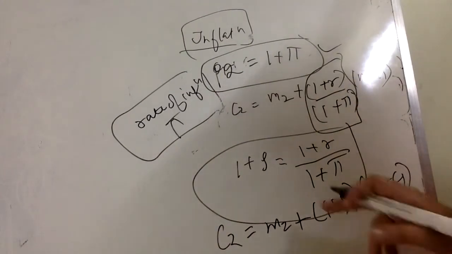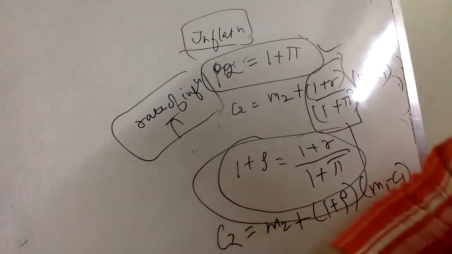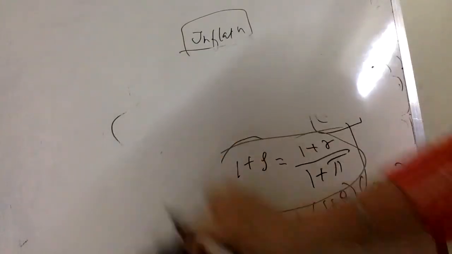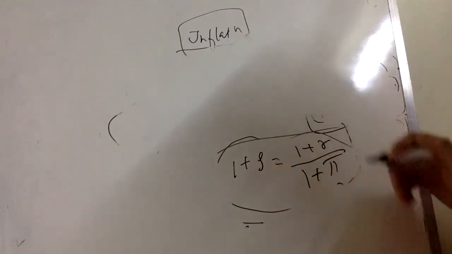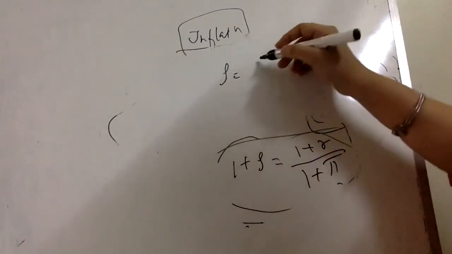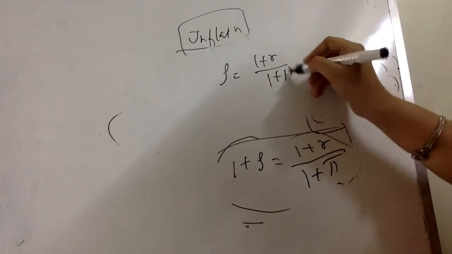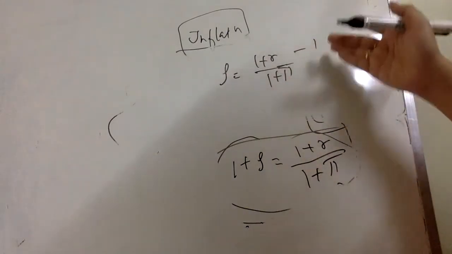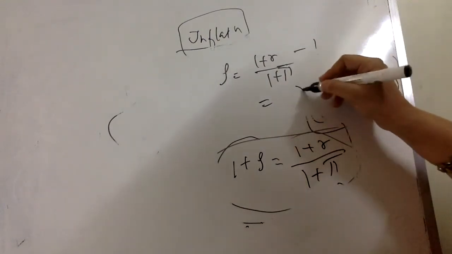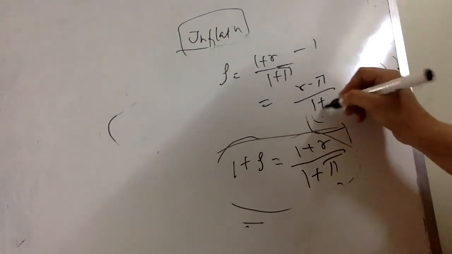Now rearranging this equation, it becomes rho equals 1 plus R upon 1 plus pi minus 1. Now taking 1 plus pi to this side, it becomes R minus pi upon 1 plus pi.